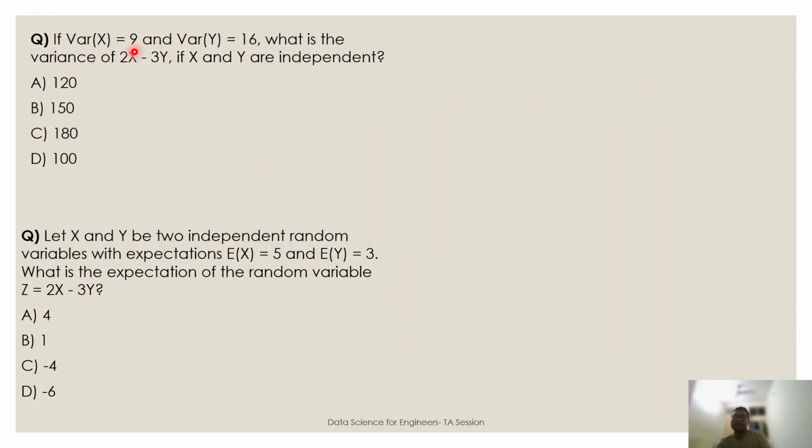If variance of x is 9 and variance of y is 16, what is the variance of this? Right now you have two variables x and y, and the equation 2x minus 3y. If x and y are independent, what exactly is the answer? What is the variance of 2x minus 3y?